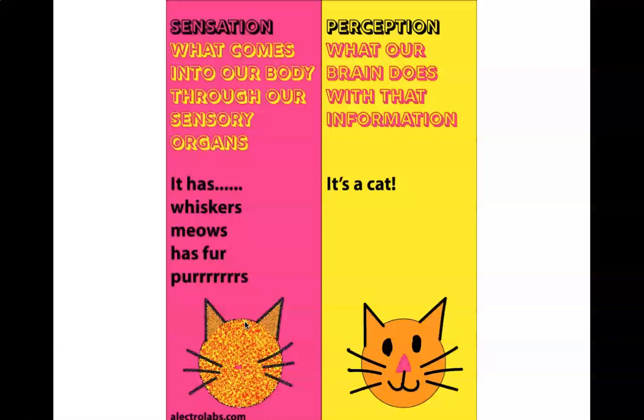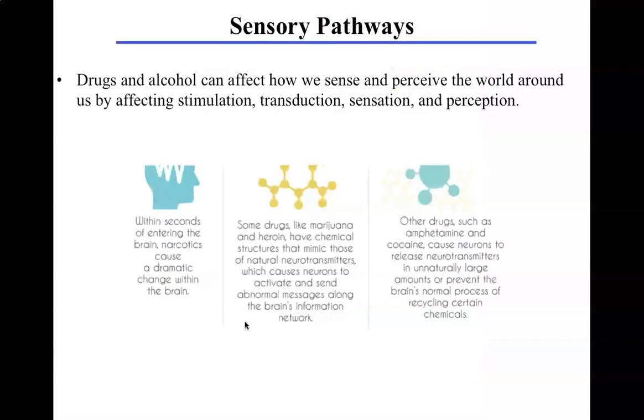So your brain is always perceiving the world based on the sensations that are coming into it, but your brain can be tricked. For example, one way that your perception can be influenced is through drugs. I already mentioned that you can take some ibuprofen when you've got a boo-boo, and your brain kind of turns the dial down on pain perception.